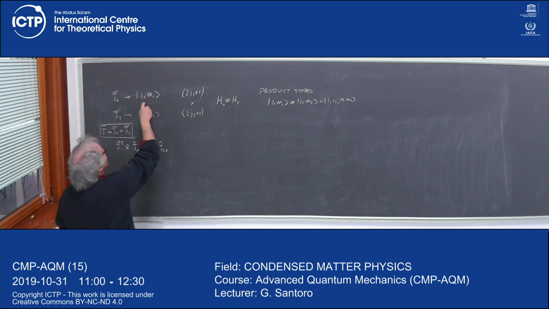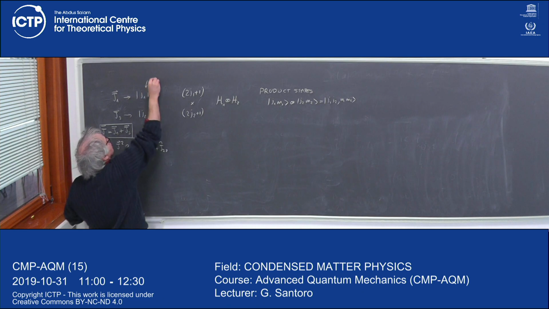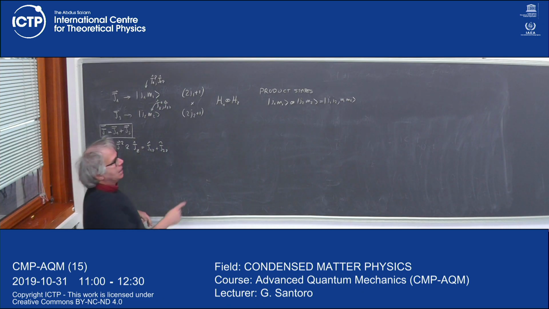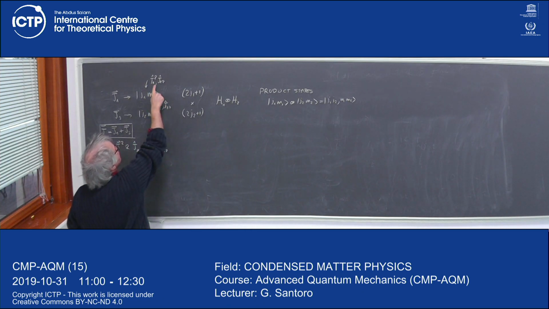Notice, these are eigenstates of J1 square and J1Z. Is it clear? And this similarly is an eigenstate of J2 square and J2Z. So, in some sense, these are eigenstates of J1 square, J1Z, J2 square, J2Z.